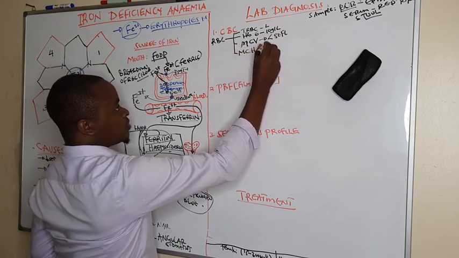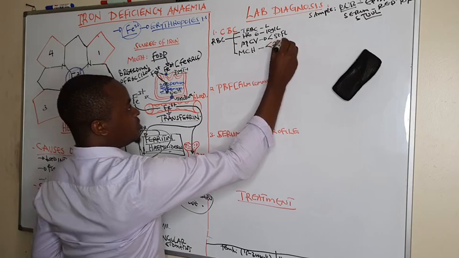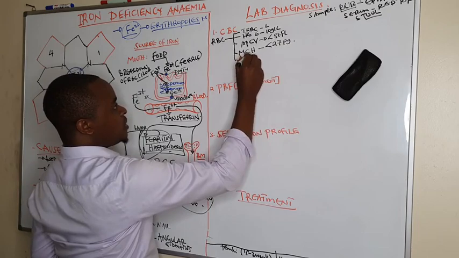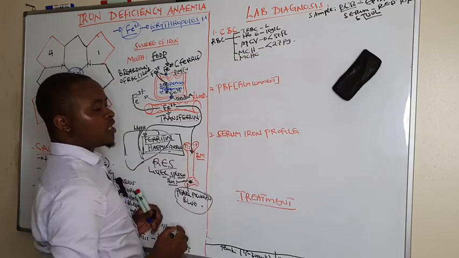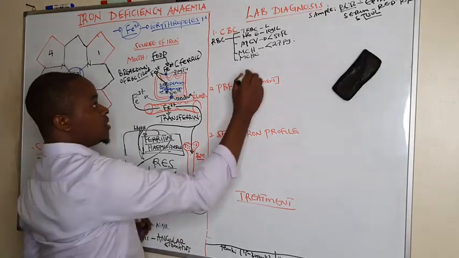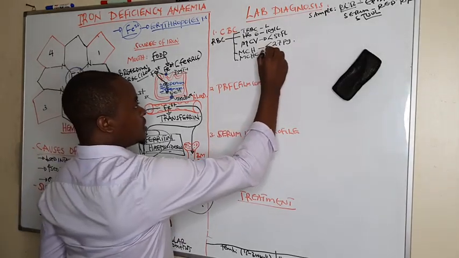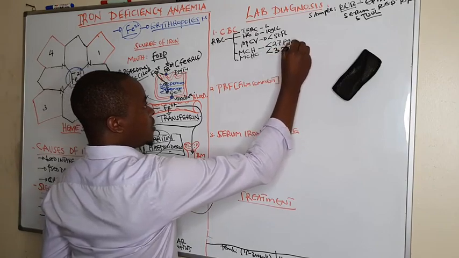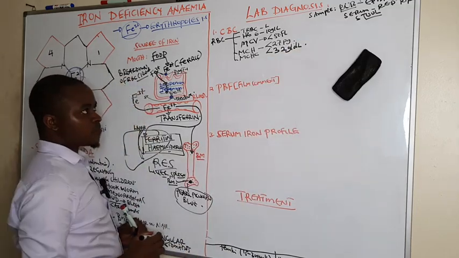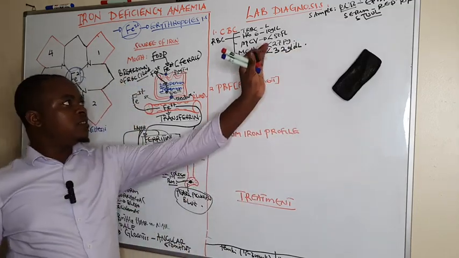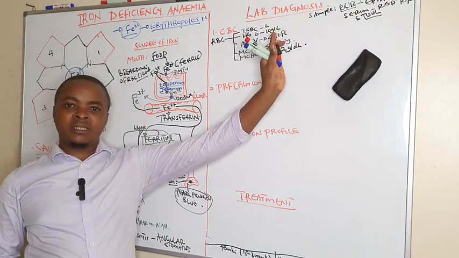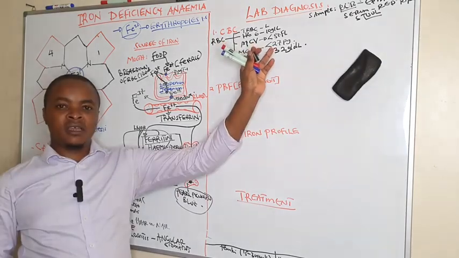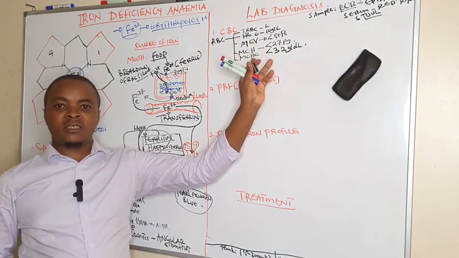MCH is also less than 27 picograms, and sometimes even MCHC, that is mean cell hemoglobin concentration, is also less than 32 grams per deciliter. So when you find someone's CBC, they have low HB, they have low MCV, MCH, and MCHC.